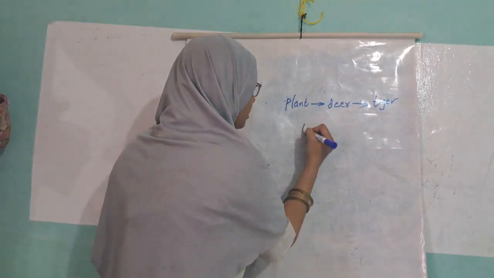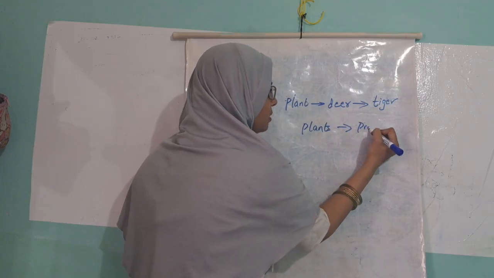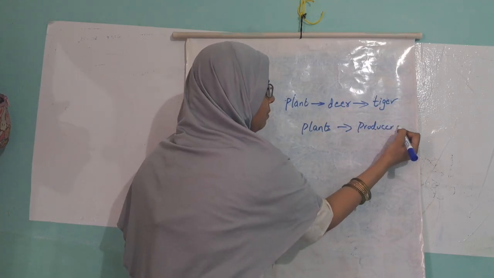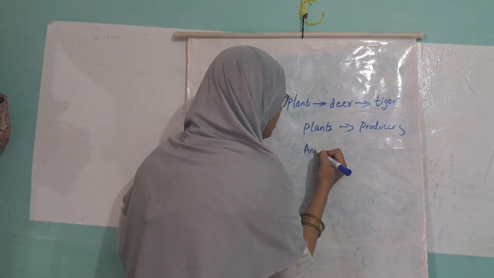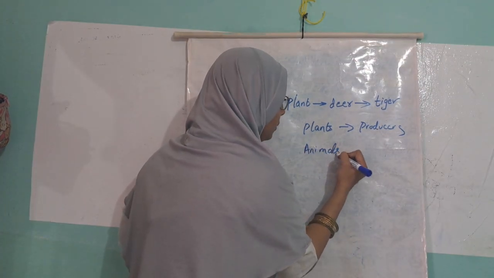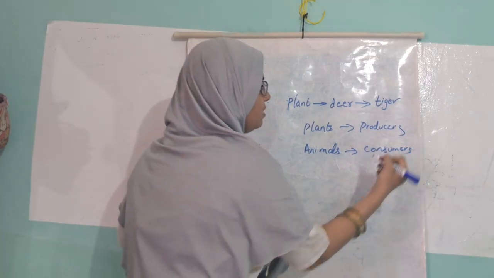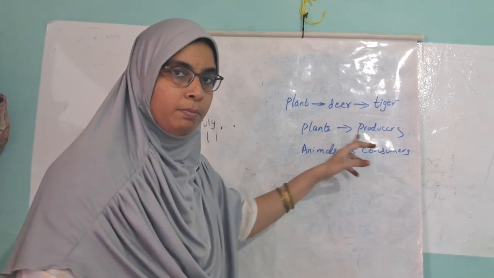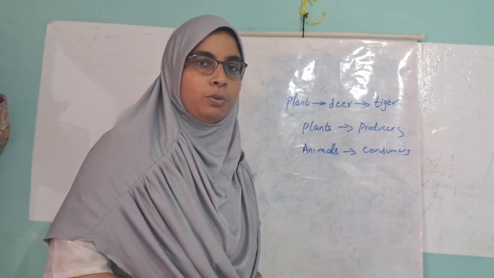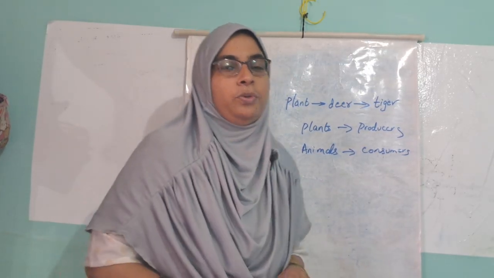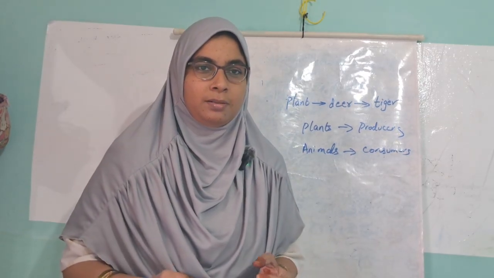So plants are called producers, and animals are called consumers. Now I have a few questions as a quick recap of how much you learned.